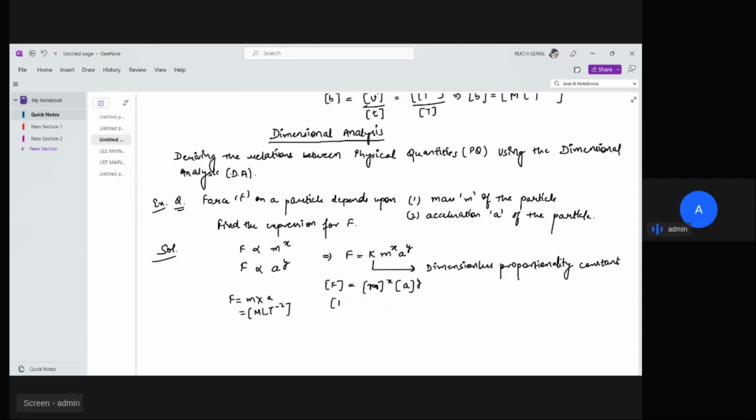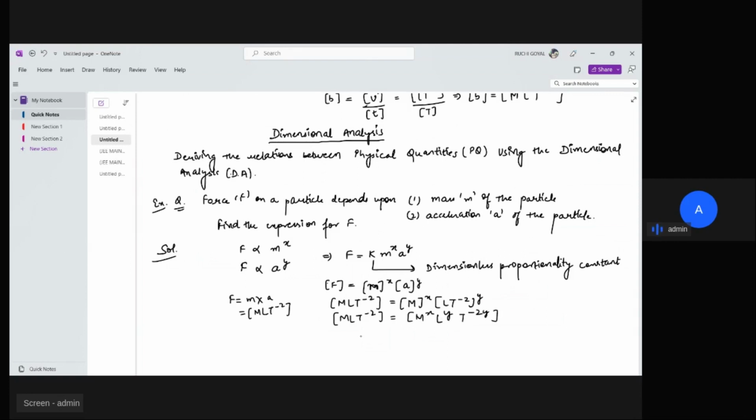It will be equal to M to the power x, and the dimensions of acceleration are L T minus 2, all to the power y. So M L T minus 2 is equal to M to the power x, L to the power y, T to the power minus 2y.